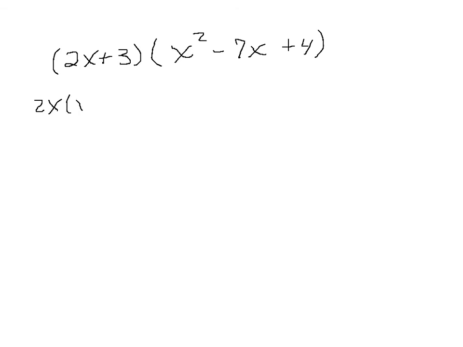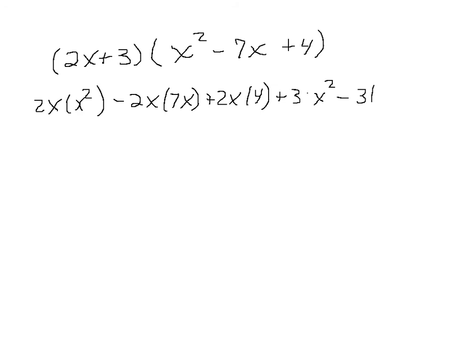And it looks like this. 2x times x squared, and then you have a minus 2x times 7x, and then you have a 2x times 4, and then you have a 3 times x squared, and then a minus 3 times 7x, and then you have a 3 times 4.